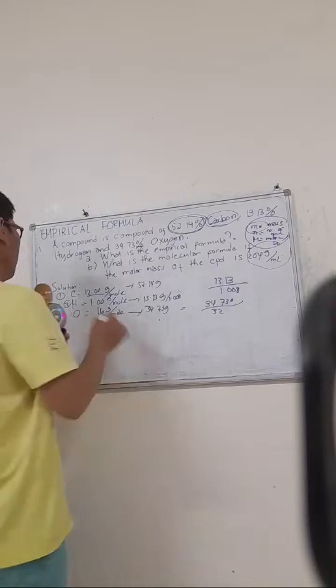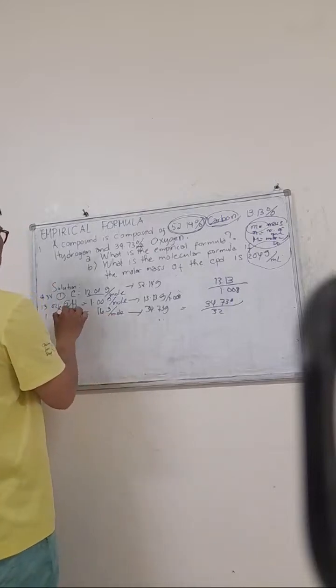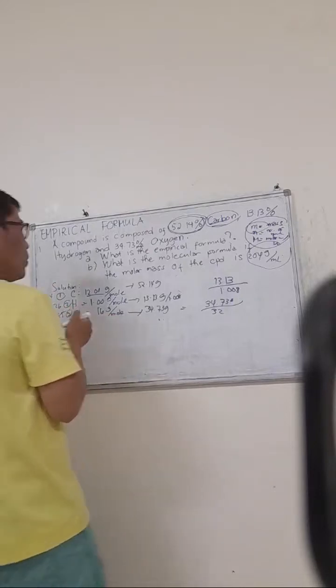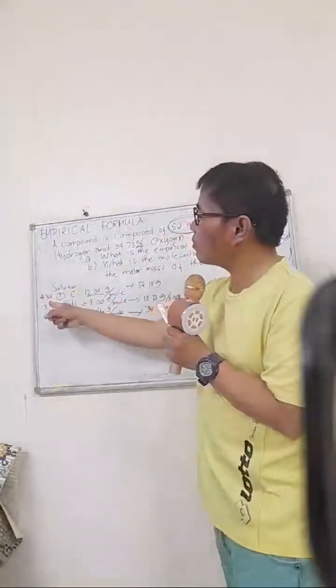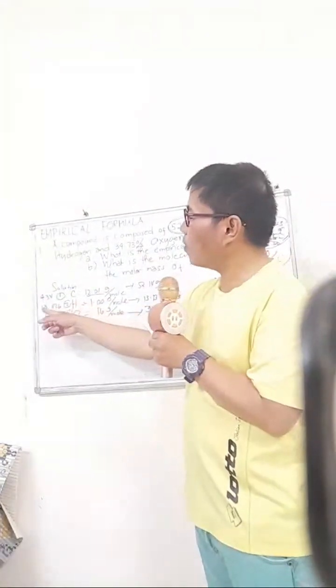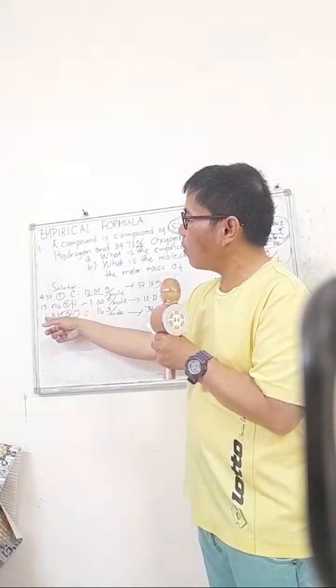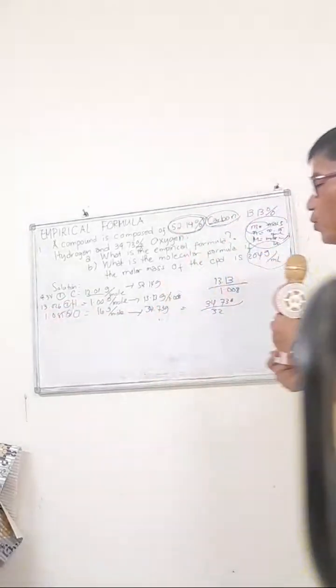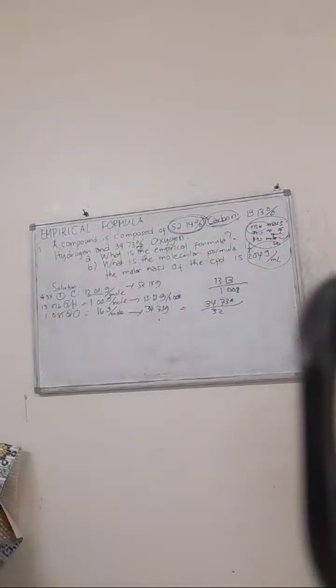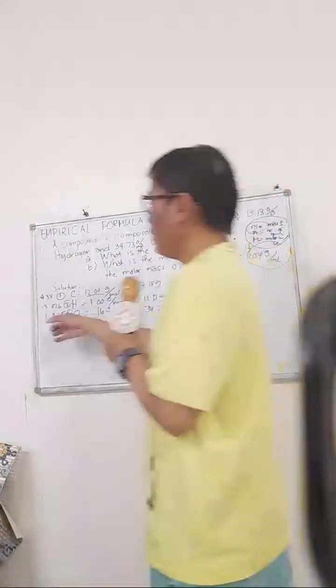Now you will compare these. The answers are in moles already: 4.34 moles, 13.026 moles, 1.085 moles. In our step number 2, we need to determine the least, or the smallest, number of moles, which is 1.085.